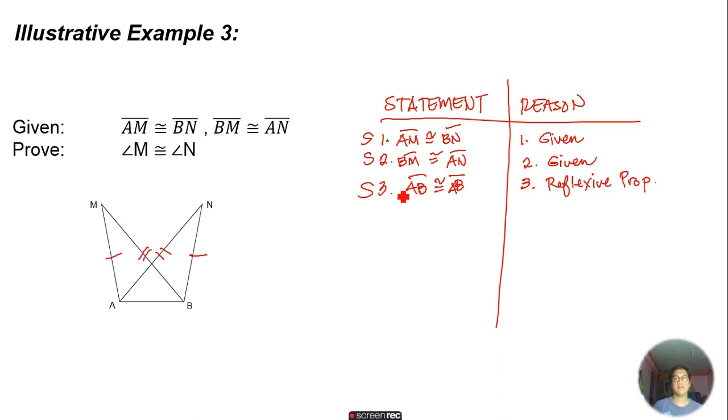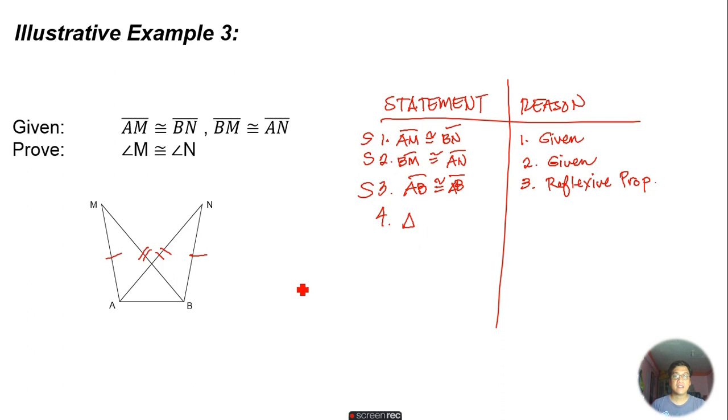Now, I'm already complete. Because we have completed the SSS, it always follows that you name the two triangles that are congruent. So, number 4, again, this is a must. If you have already completed the congruence postulate, you always name the two triangles.